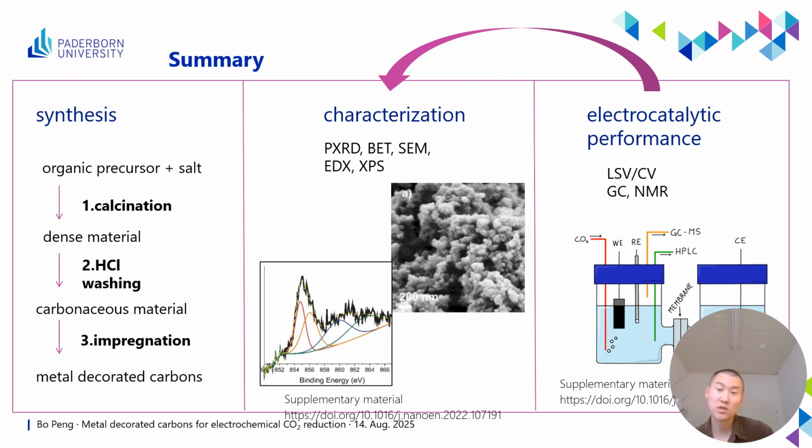As far as I know, testing the electrocatalytic performance is much cheaper and quicker than some of the characterization like EDX and XPS. So we may first synthesize a lot and test the electrocatalytic performance. Then we pick the good one, two, or three samples for characterization.